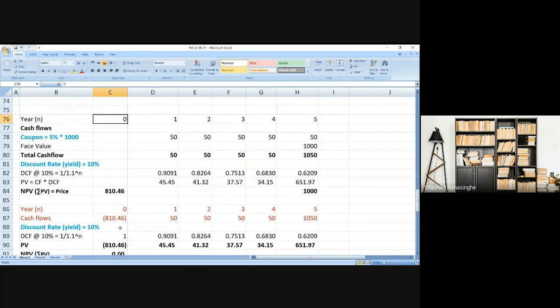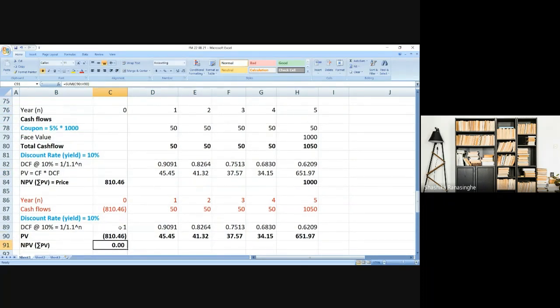So when you discount at 10%, you get a net present value of 0. Meaning 10% is what? It's the discount rate at which net present value is 0. What is the discount rate at which net present value becomes 0? IRR.